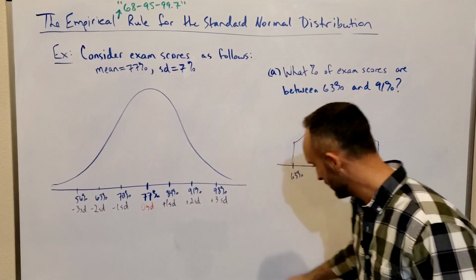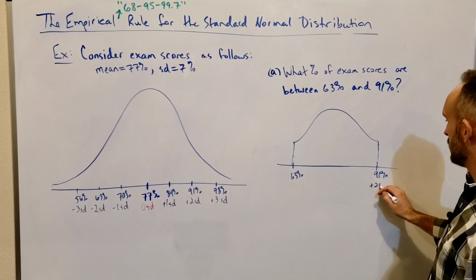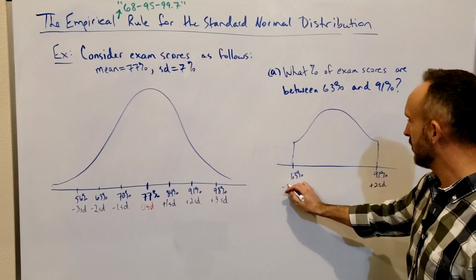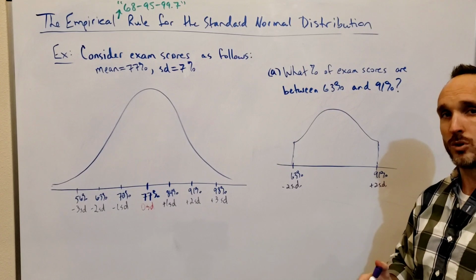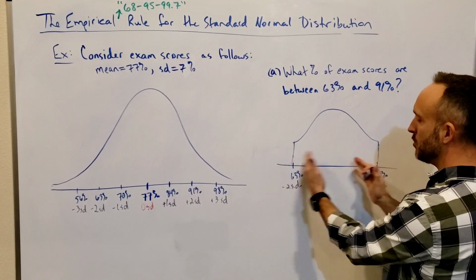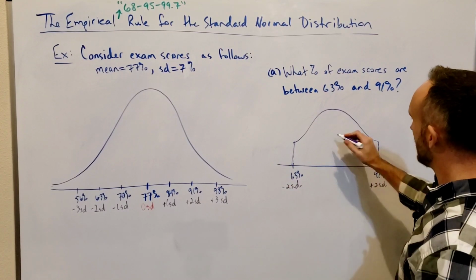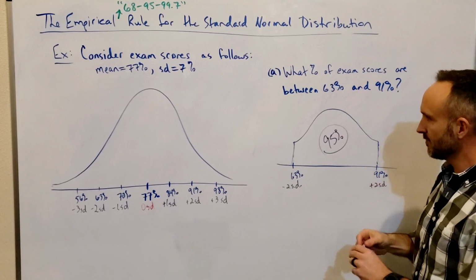And luckily for us, this is pretty simple because we're going 2 standard deviations to the right and also 2 standard deviations to the left. The empirical rule says that 95% of your data lives 2 standard deviations out. So the answer here is 95%.